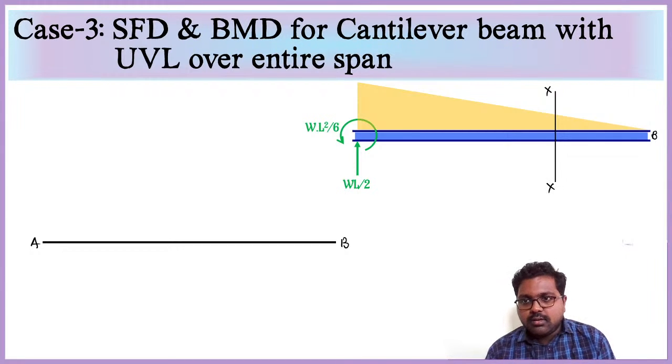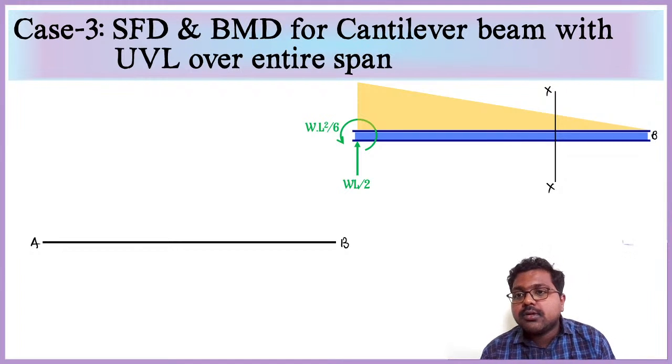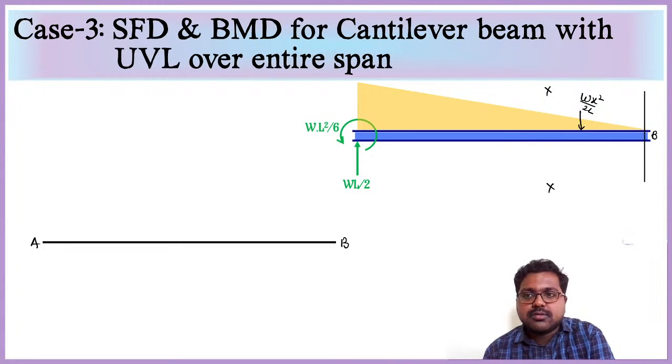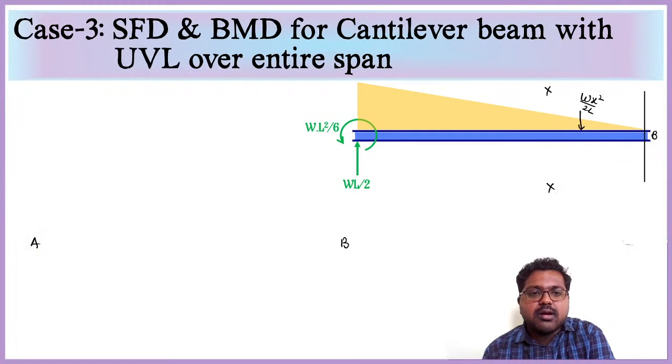Now we need to consider XX, and this area which I already calculated, we got that area as Wx square by 2L, the one which we got in our shear force.